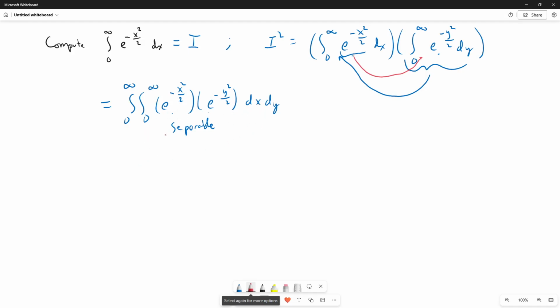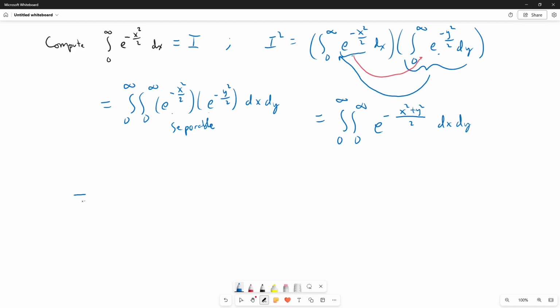Okay, now this is the key moment where we recognize that this is going to be nice in polar coordinates, because if we combine these by adding the exponents, we get e to the power negative x squared plus y squared over 2. And x squared plus y squared in polar coordinates is r squared.